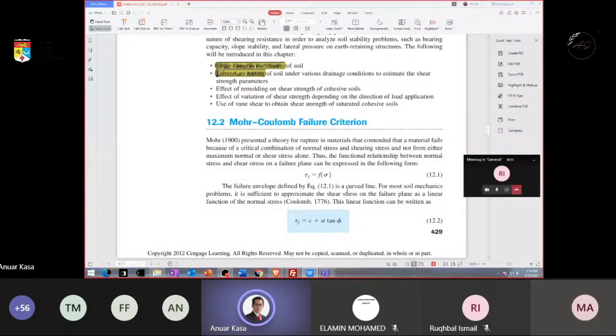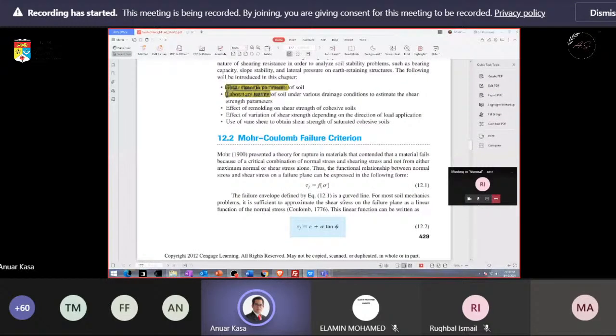So we conduct those tests, especially the shear strength test, consolidation test, triaxial test, and many other tests, just to make sure that the soil can sustain the weight of the structure. That is the idea, so that the soil is not going to settle, meaning move vertically too much.